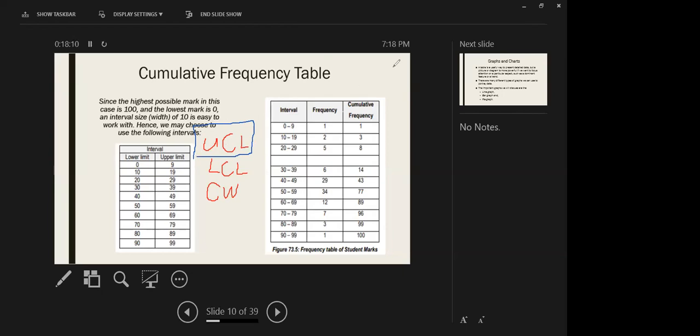Or you can also use 2 lower class limits of adjacent classes to find the class width. So let's start with the first one. When we are using upper class limits, let's take this class and that class.